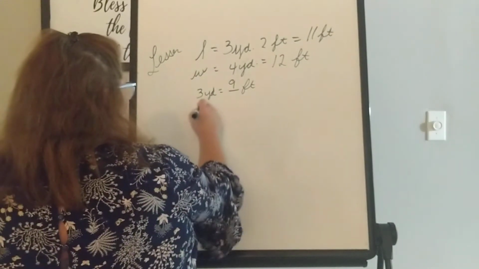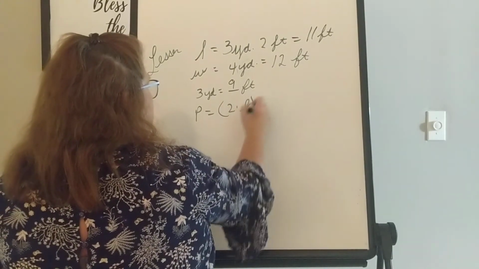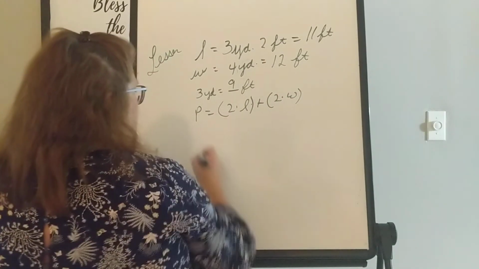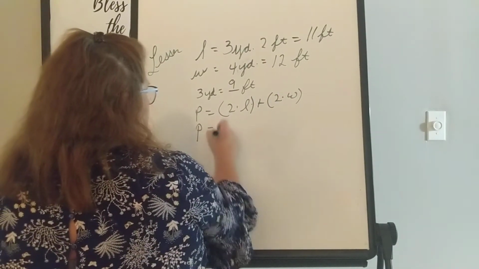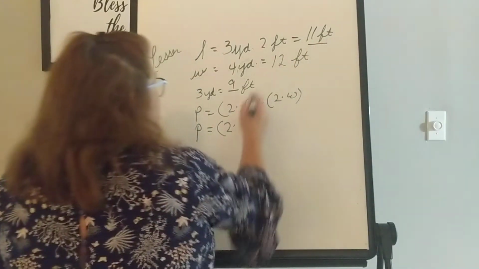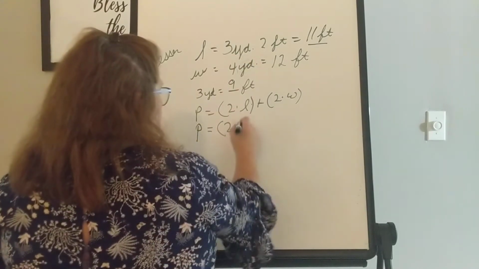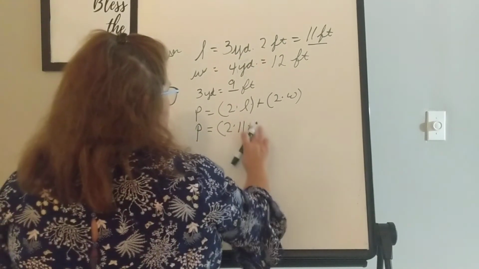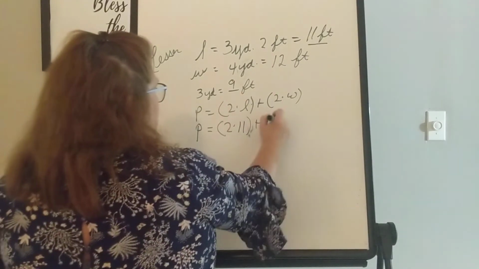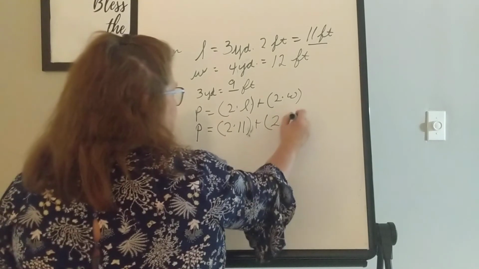Okay? So now my perimeter equals 2 times the length plus 2 times the width. Perimeter equals 2 times 11, because I converted my 3 yards, 2 feet to all feet. Keep forgetting to write my little signs here. Plus 2 times 9, because I converted my 3 yards to feet.